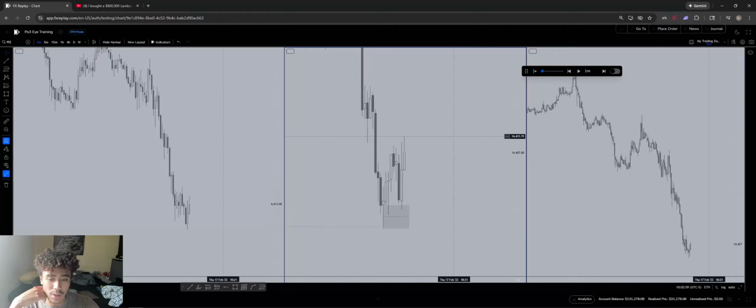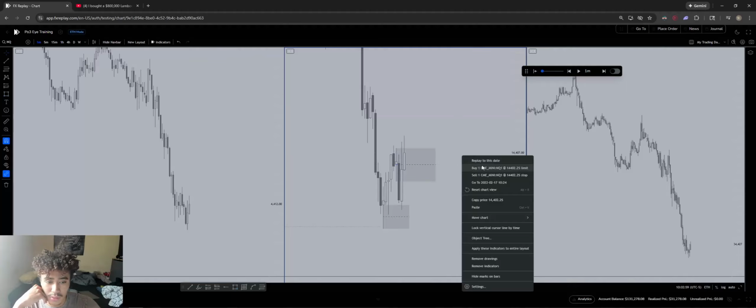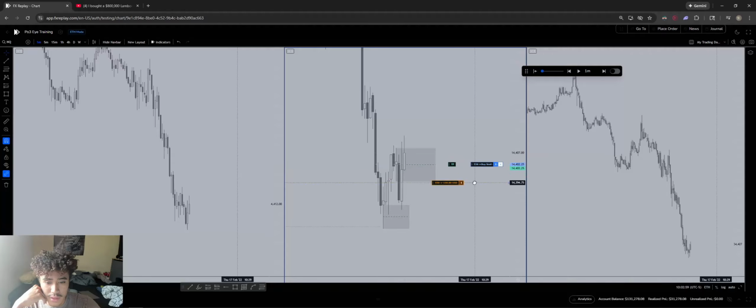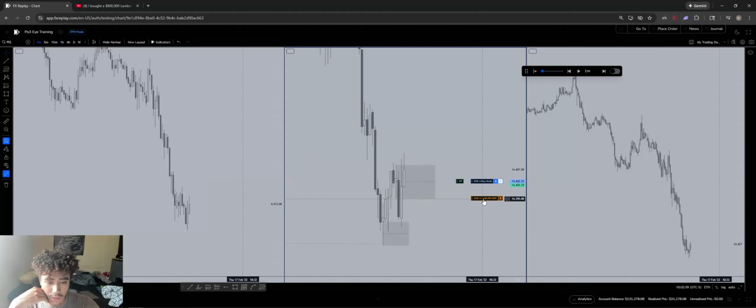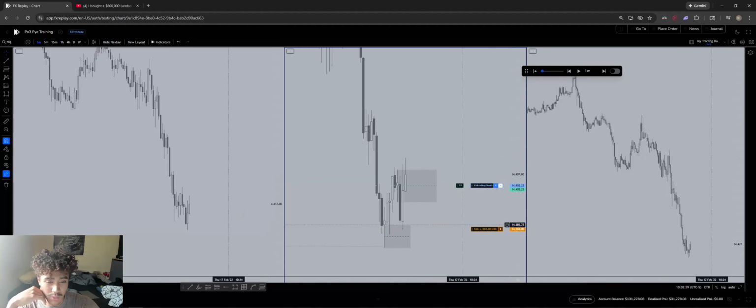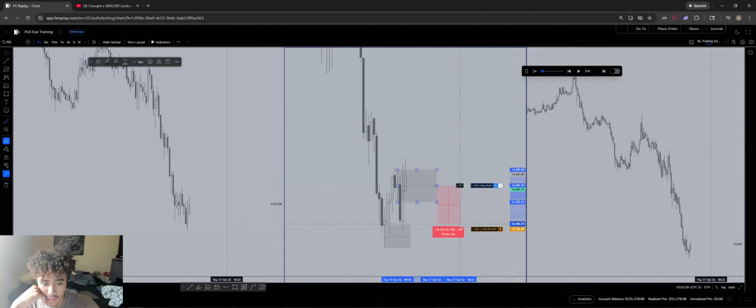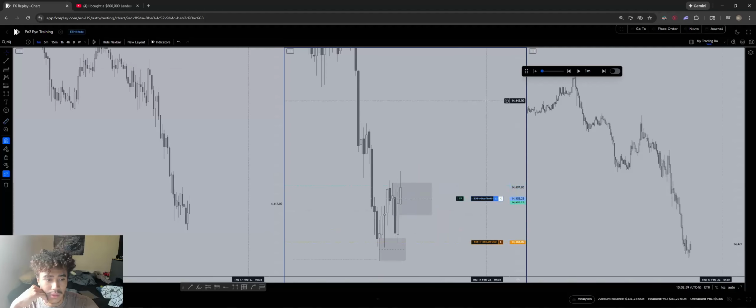Validated, cool. Now we have this order block right here. This is a change in state of delivery. Holy cow. Okay, I'm not trying to have a 0 point SL. I'm not going to lie. Keep it at the low here. 17 point stop, something like that.